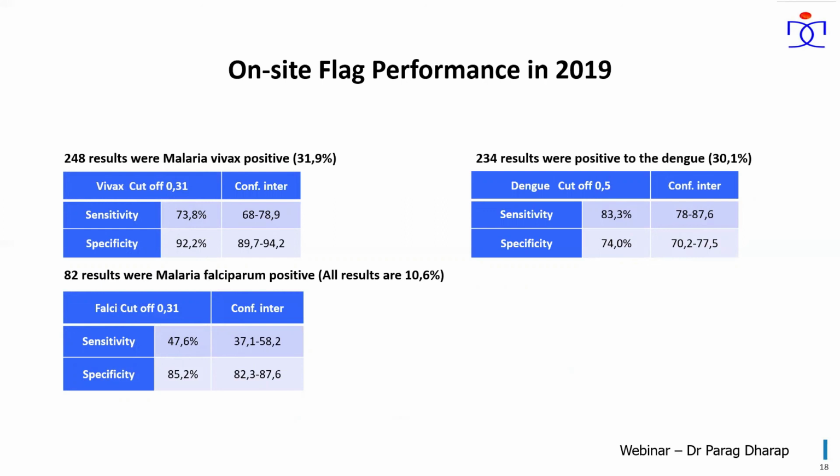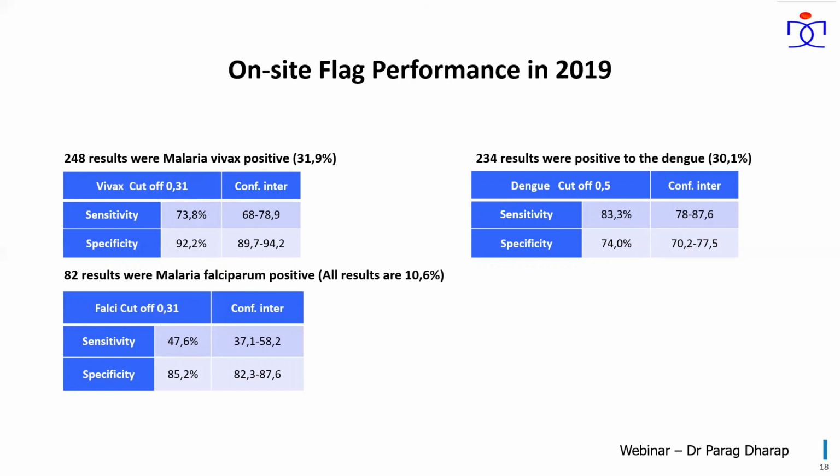In 2019, we could gather in Mumbai, India itself 82 results for malaria falciparum cases. And as you observe on this slide, a sensitivity of 47.6% with a specificity of 85.2% was achieved.